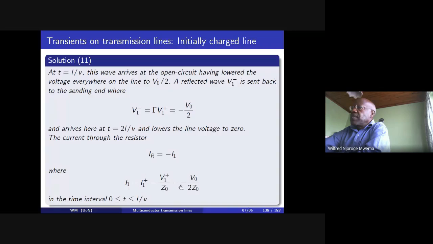This is just minus V0 by 2Z0. This is during the time when the wave is moving in the positive z direction, that is, for t between 0 and L over V, the one-way time of flight.